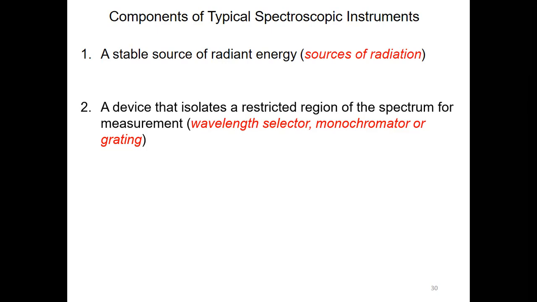To select that desired wavelength range, there should be a wavelength selector, right? Most of the time, monochromators, gratings, and filters will be used as the wavelength selector. We will discuss this one separately, but that is another most important component: the source and the wavelength selector.